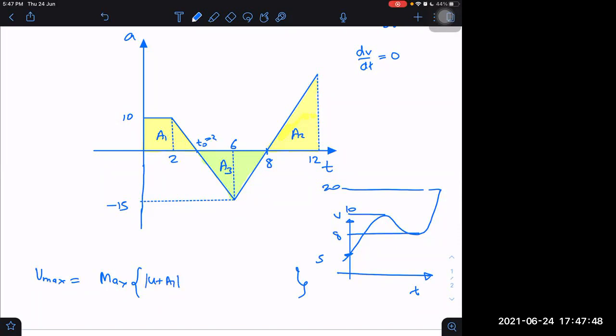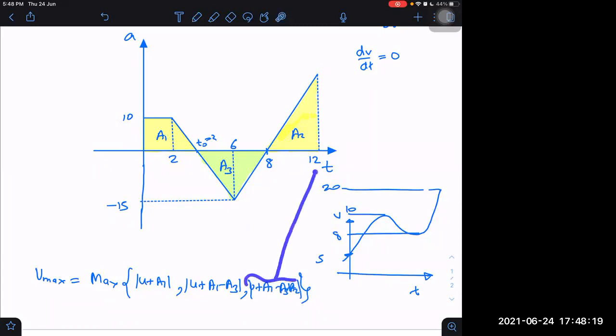Sir, speed or velocity? U is velocity. No, sir, you are asking maximum speed. Yes, sir. U plus A1 minus A3, and the last one is U plus A1 minus A3 plus A2. This is the speed at the last boundary.